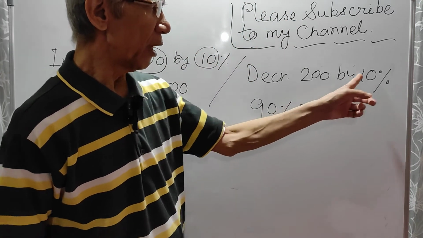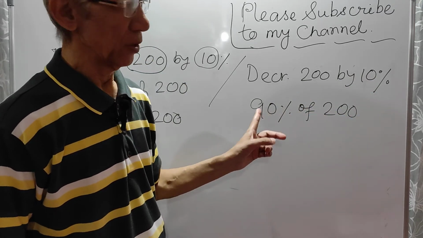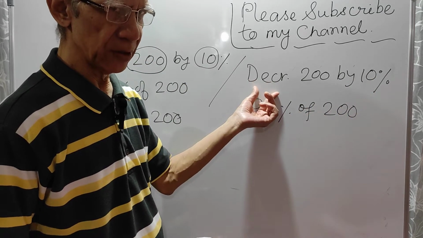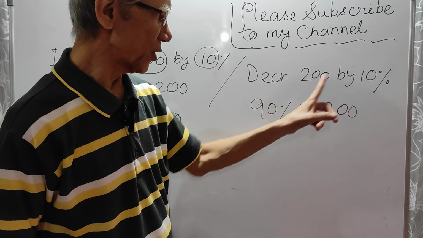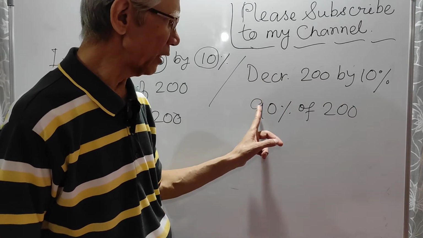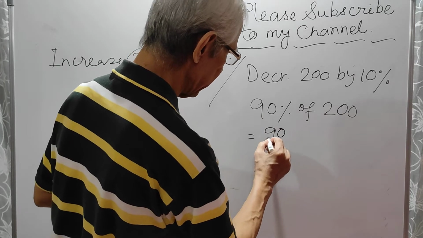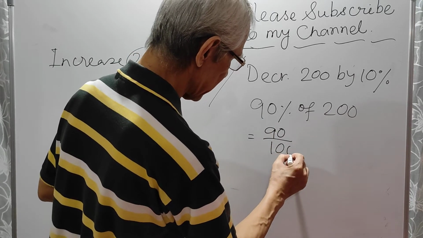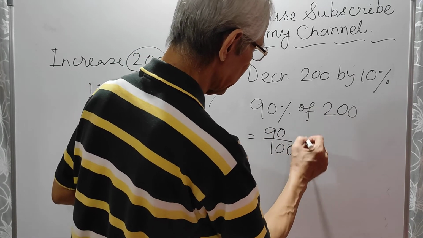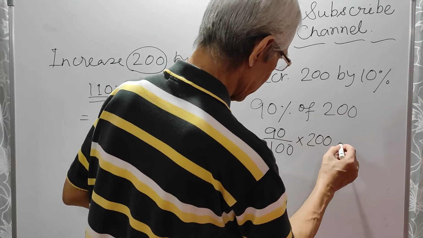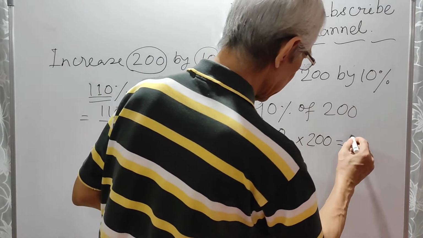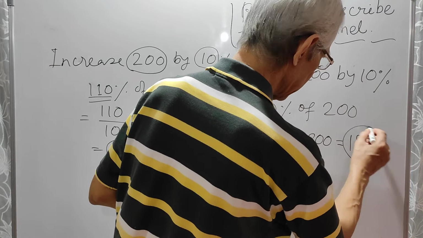So why 90? 100 minus 10, 90. We are going to decrease, therefore minus. So 90% of 200 will be 90 by 100, percent means by 100, of means into 200. So what do you get? 180. So 180 is the answer.